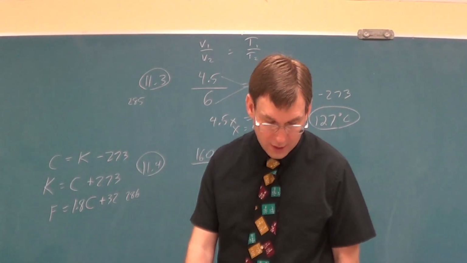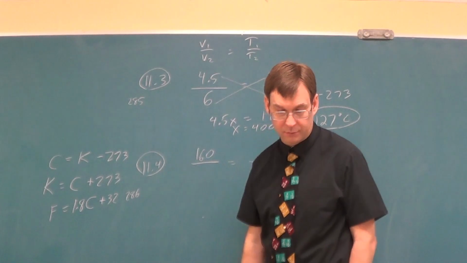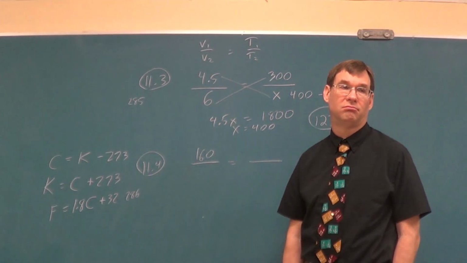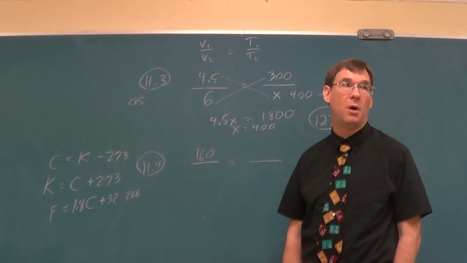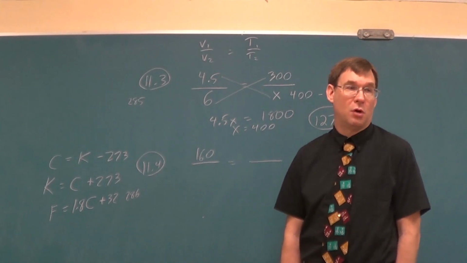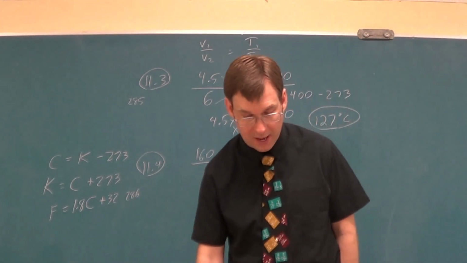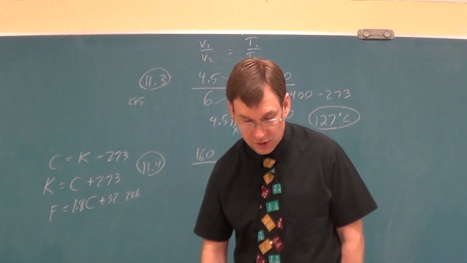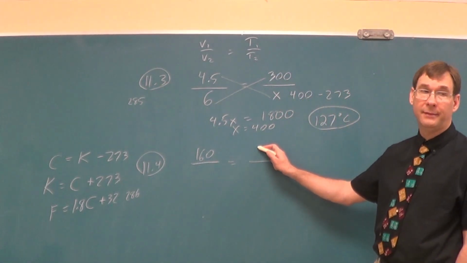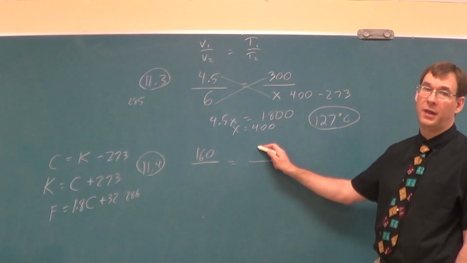It says 1 ATM. Nothing. Don't care. It's a pressure, so it doesn't matter. 27 degrees Celsius is mentioned. So temperature 1, fill in 27? No, don't fill that in.